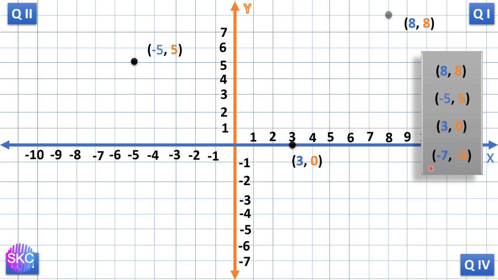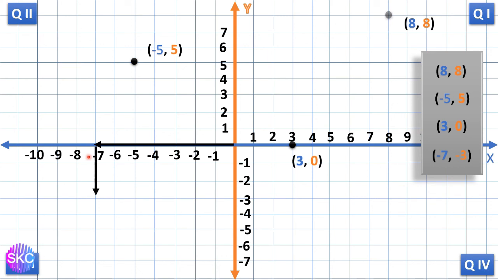Okay, so we count 7 units from the point of origin to the left. Kasi negative yung x. So, yan. It is stopped to negative 7. And then from negative 7, we count 3 units downward. Kasi negative yung y.